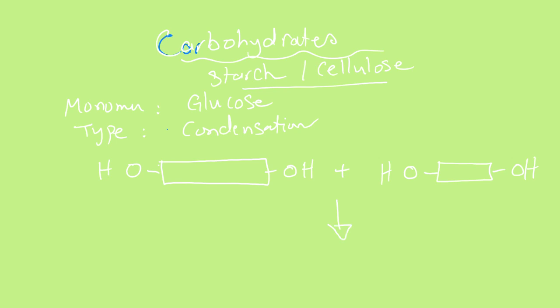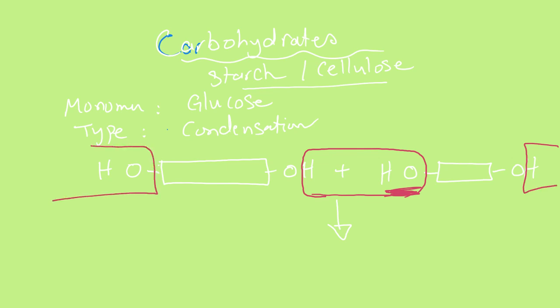What is condensation? Removal of water. Now we remove OH from one and H from the next. Remember that if I remove OH from this sugar, I should remove H from the other side. And the one that you remove H from, you remove the OH from the other side. So finally, two water molecules will be given out.